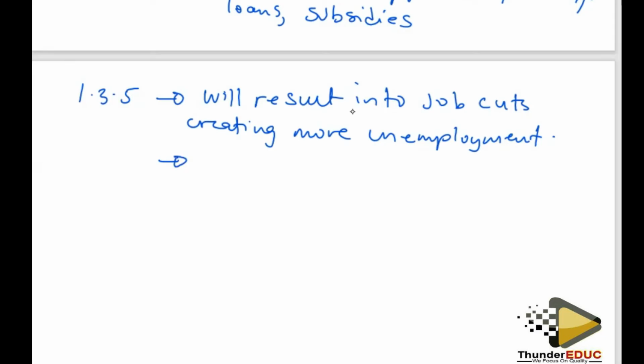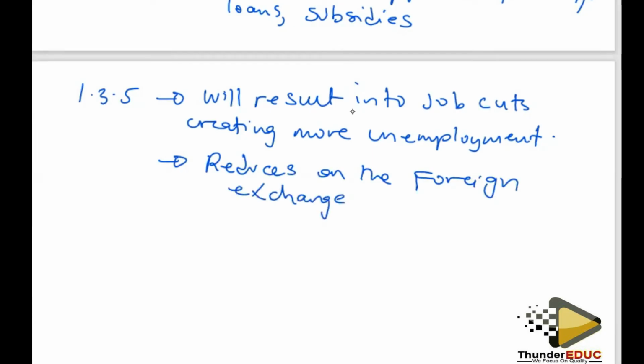Secondly, I could say, it reduces on the foreign exchange, in bracket, currency, because we know the more a country produces, the more it is able to sell.